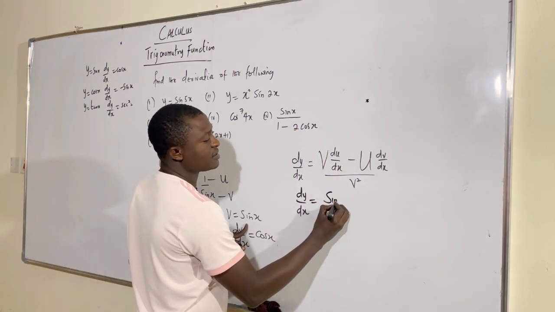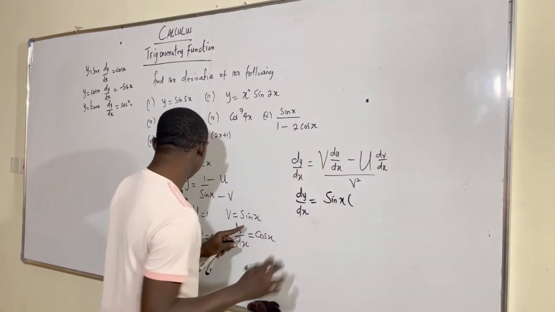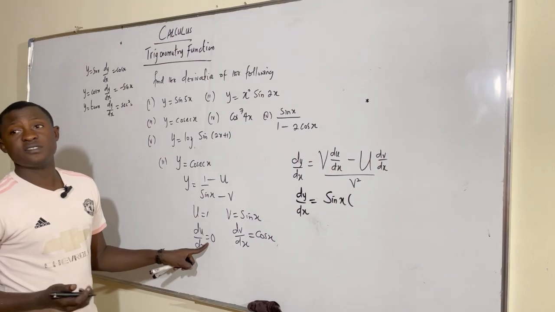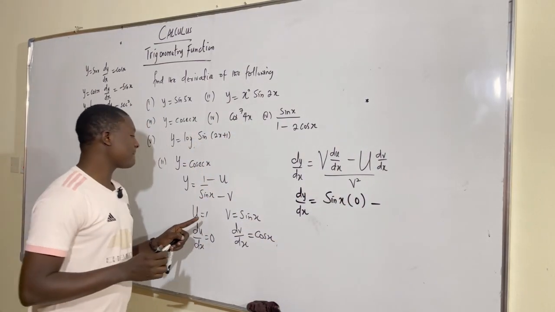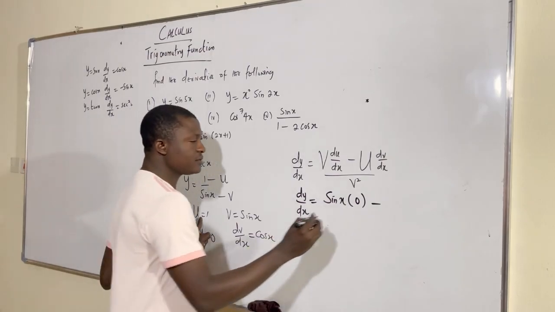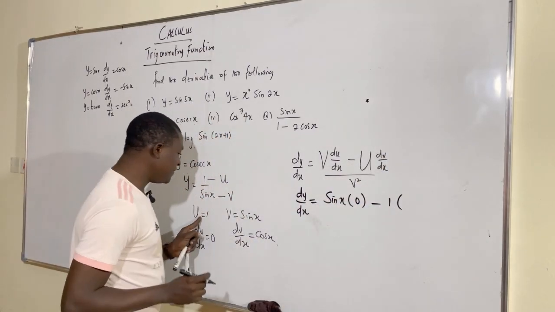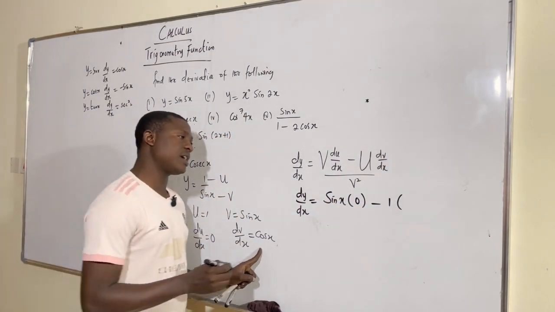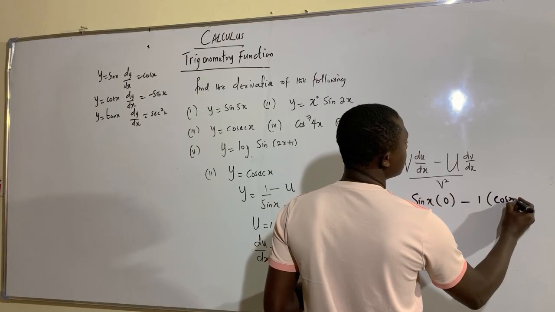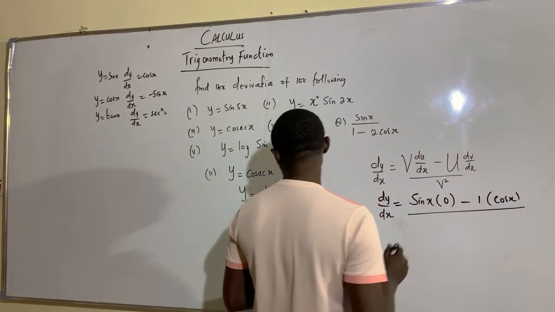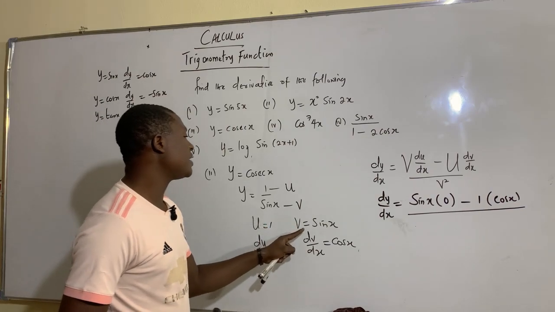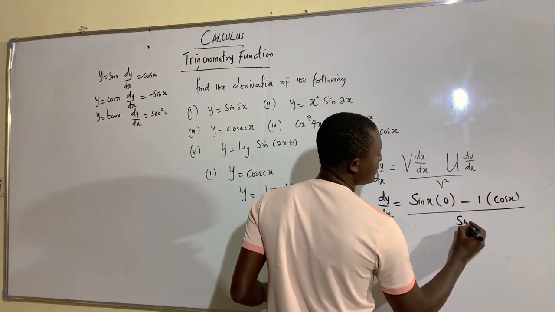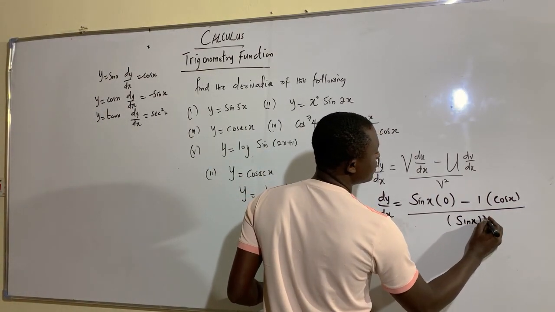I have sine x, du dx that we have is 0. So we have 0 minus u. Our u is 1, dv dx is cos x. Then all divided by v squared. The v that we have is sine x, so we have sine x all squared.